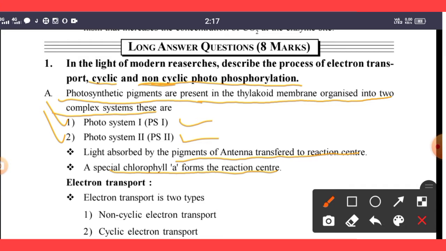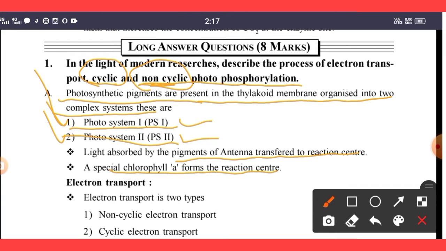How is it? Keep in your mind, we are in light reactions. In light reactions we can study cyclic photophosphorylation and non-cyclic photophosphorylation. That is, what are the incidents that take place in reaction center 1, that is photosystem 1, and photosystem 2.